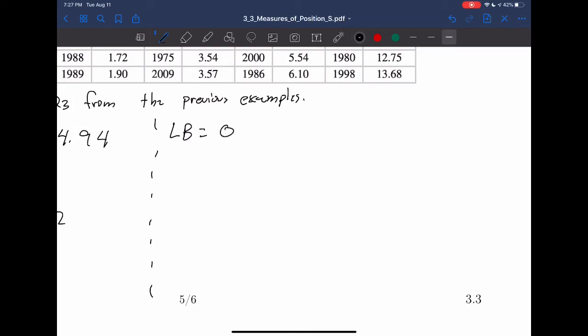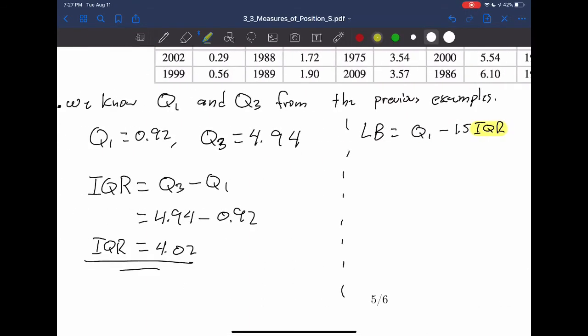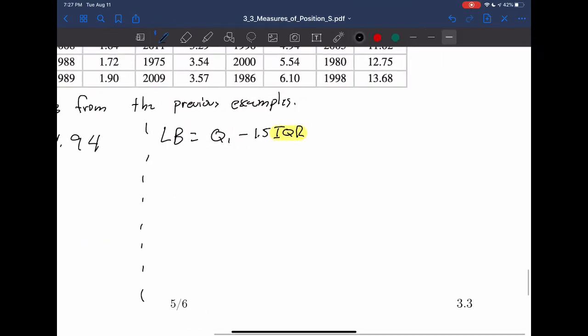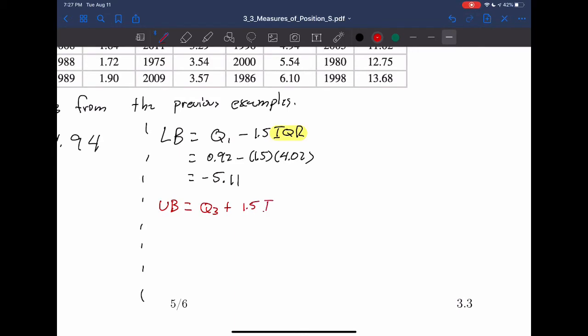So let's compute our lower bound, which I'm just going to call LB. It's quartile 1 minus 1.5 times our IQR. We already know our IQR, so we just plug that number in. Once we compute this value, it will be negative 5.11. And then we want to do the same thing for our upper bound, which is our quartile 3 plus 1.5 times our IQR.